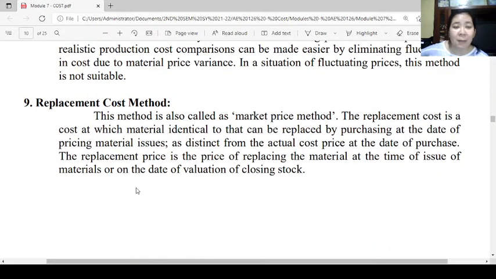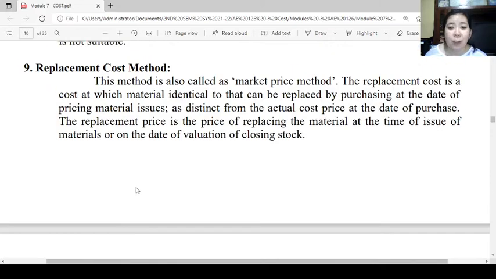So for number 9, the replacement cost method. This method is called a market price method. The replacement cost is the cost at which identical material can be replaced by purchasing at the date of pricing materials, as distinct from the actual cost price at the date of purchase. So the replacement price is the price of replacing the material at the time of issue of materials or on the date of valuation of closing stock.